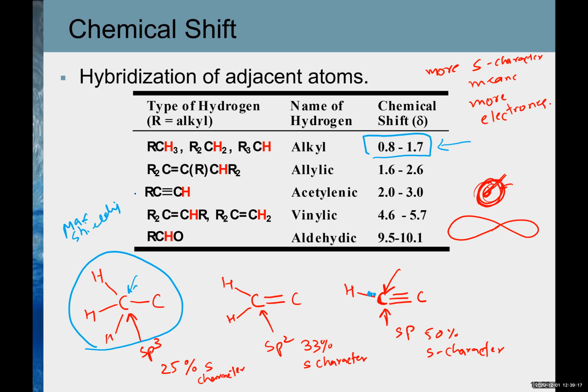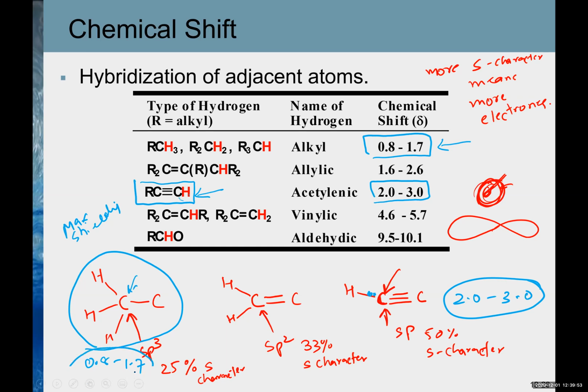Now, the signal from a proton bonded to an sp hybridized carbon is relatively high, between 2 to 3, so that's okay. But the problem is this one. For sp3, the signal appears at 0.8 to 1.7. For sp, the signal is between 2 and 3.